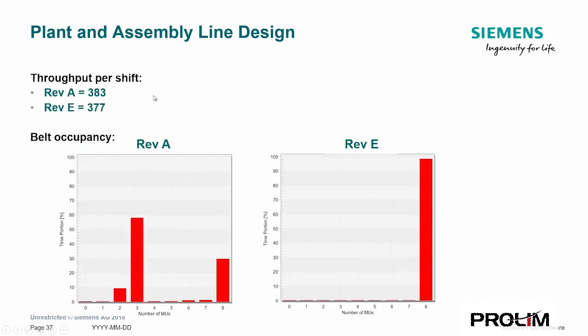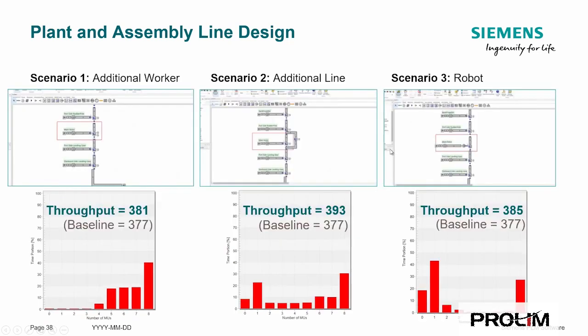Okay, so the throughput per shift can be seen, the difference between the two, where you're occupying pretty much the entire belt with the latest revision.